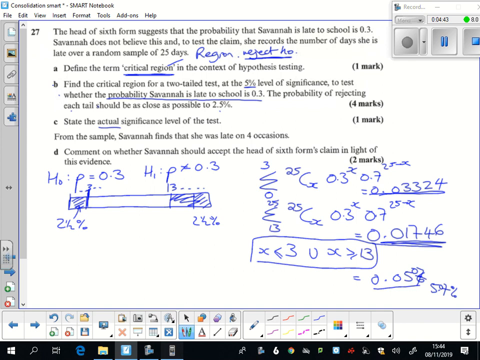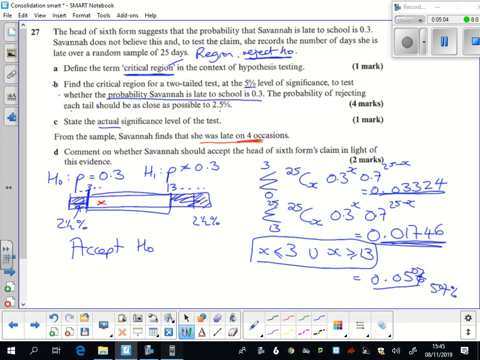And the last bit, we don't need to do any more work, which is lucky because this has gone on 4 minutes. She was late on 4 occasions. So 4 is in here, isn't it? This was 3 or less. 4 isn't there. And so if it's 4, we're right in the middle here. So we're going to accept H0 here.